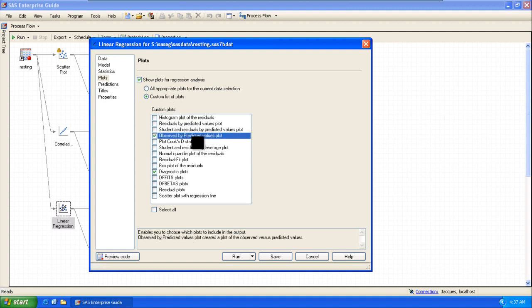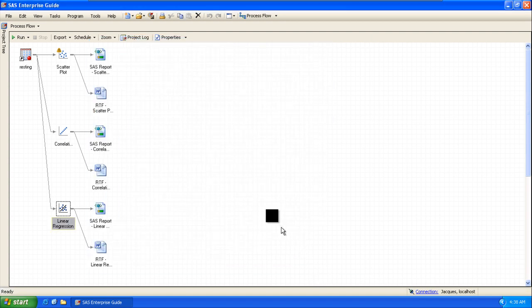So in the plot, select custom list of plots: observed by independent, observed by predicted value, plot 1, and we select confidence limit.